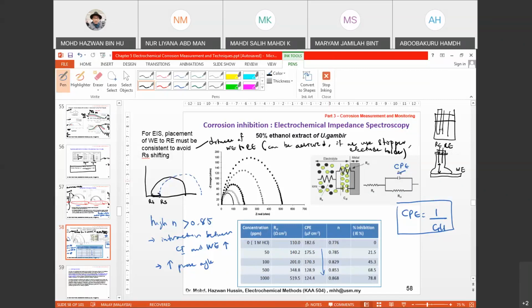So when I did the experiment, I noticed that there was a shifting, and initially I didn't know what had happened. And many years back, we had a visiting professor in the School of Chemical Sciences, Professor Frank Walsh. Actually, if you have time, maybe you can Google this guy.